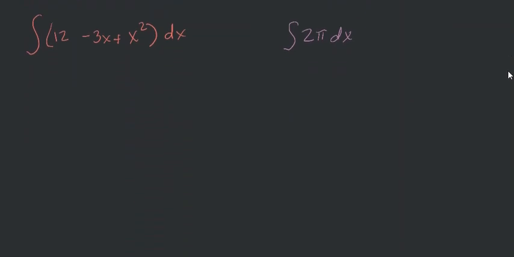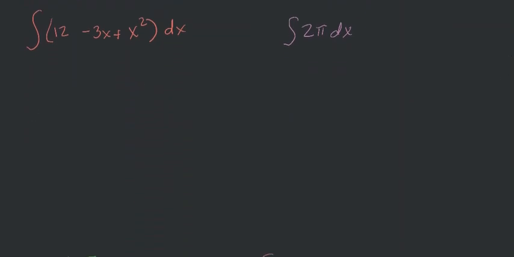So let's look at 2 more examples here. So in this one, we have 3 terms. We just integrate each term individually. So it will be helpful for us to recognize that this 12 is really 12x to the 0. So x to the 1st divided by 1, we don't have to write that, and the 12 just sits in front.